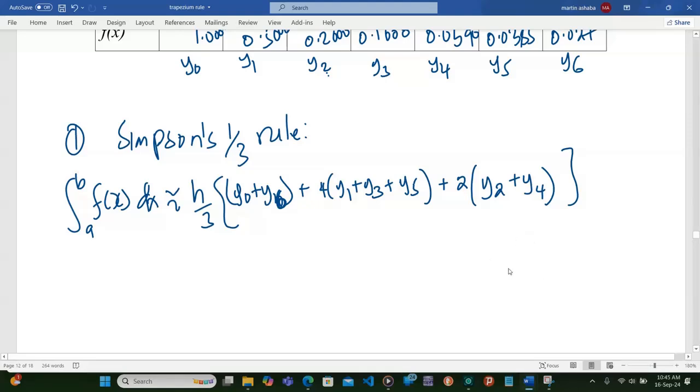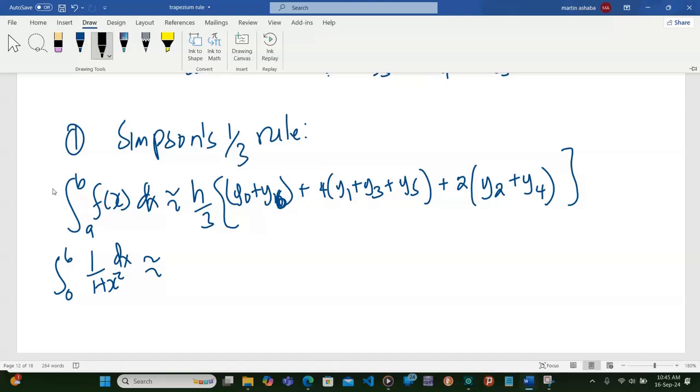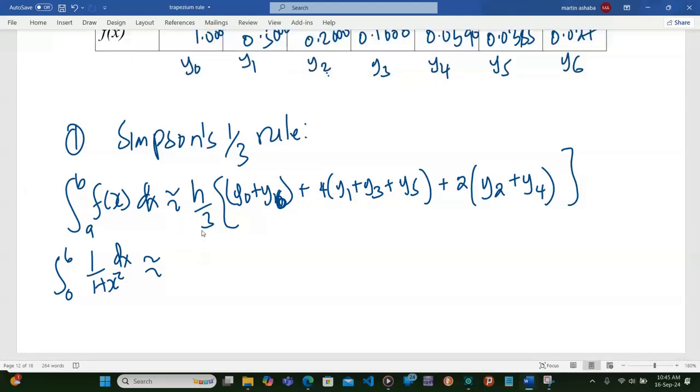So if I substitute in my values, the integral from 0 to 6 of 1 out of 1 plus x squared with respect to x will approximate to what? Let me put my h.